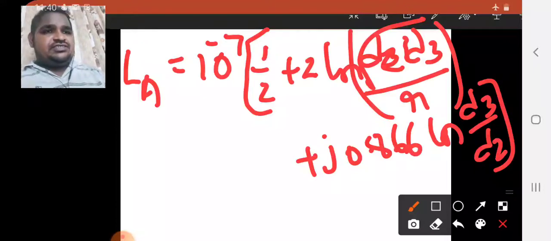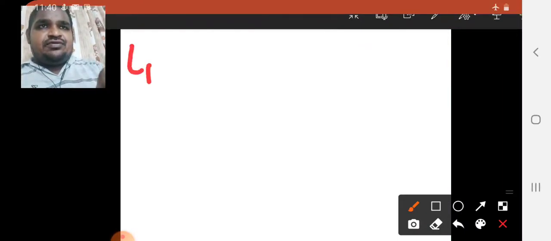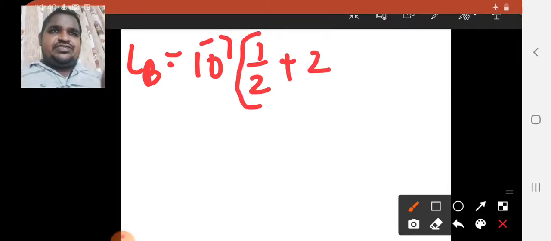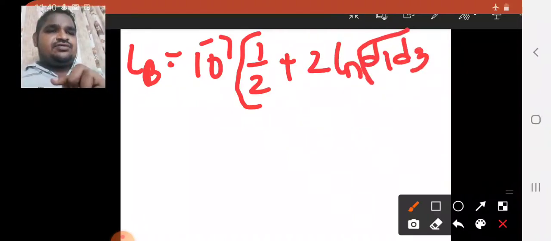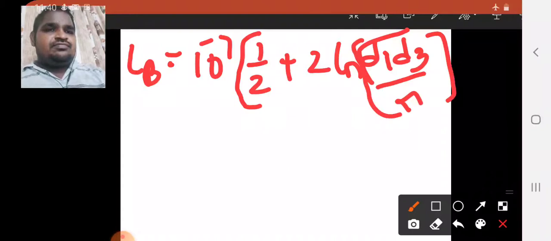LB and LC, yes, here you can write LB is equal to 10 power minus 7 times 1 by 2 plus 2 ln of the square root of d1 d3 divided by r, plus j root 3 by 2.